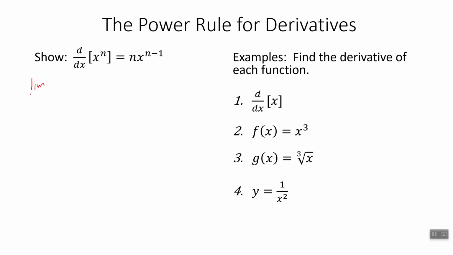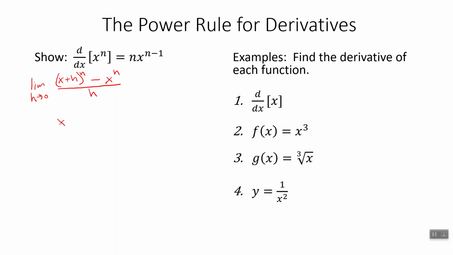It's the limit as h goes to 0 of x plus h to the n minus x to the n, all over h. These are n's up here, and this is h and h down here. To multiply this out, we would use Pascal's triangle.